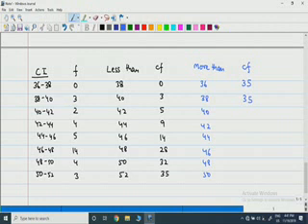So, more than 40, it will be 35 minus 3, which is 32. Then more than 42, we will subtract that 2 also. So, that will be 30. Then more than 44, we will subtract 4 again.